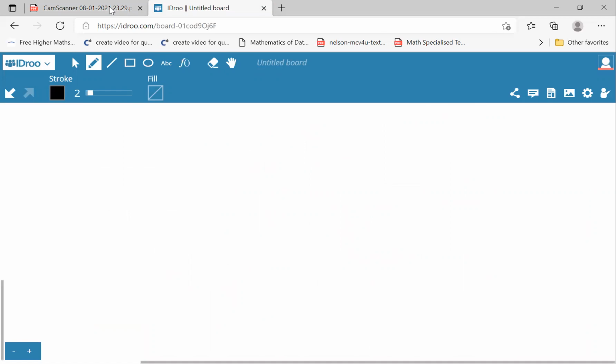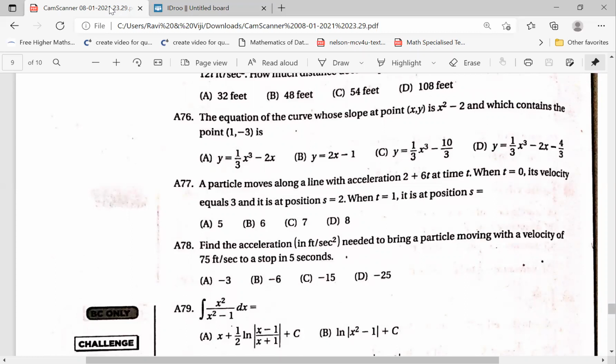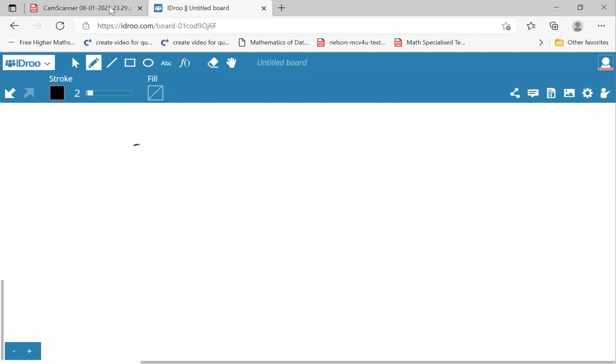Now let us take, so it is given that the particle moves along the line with an acceleration. So acceleration we know is nothing but dv by dt. All right. So that is given as 2 plus 6t. Now let us find out v.